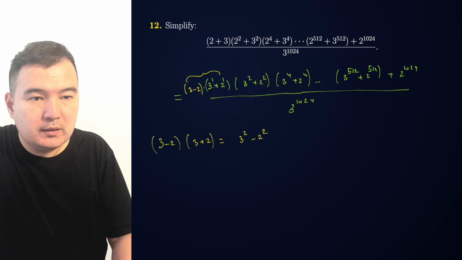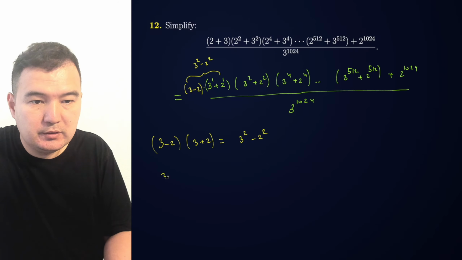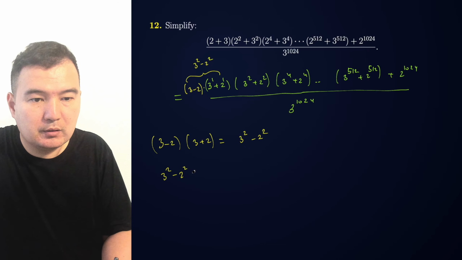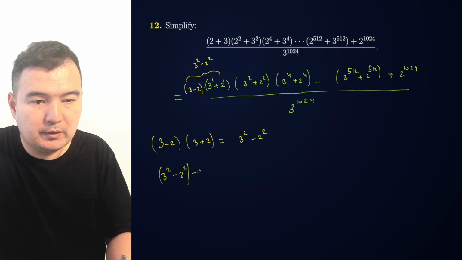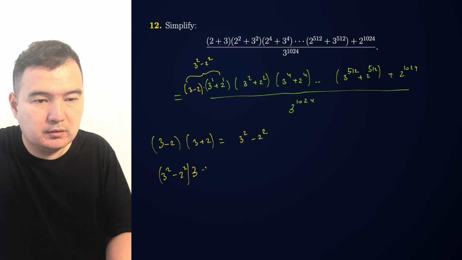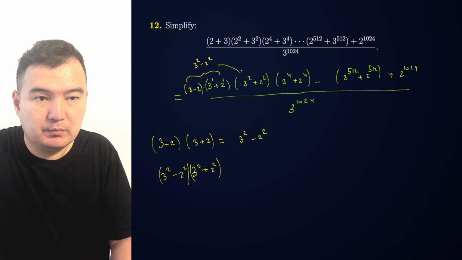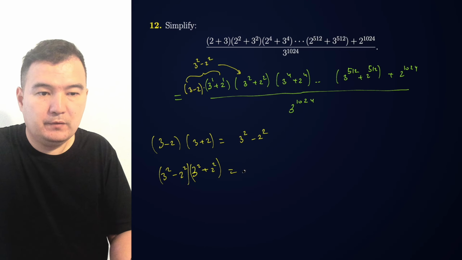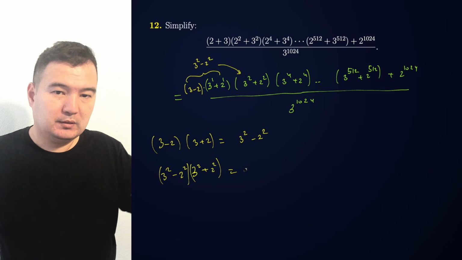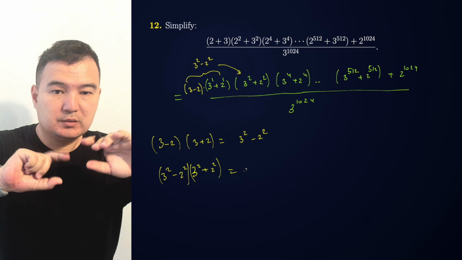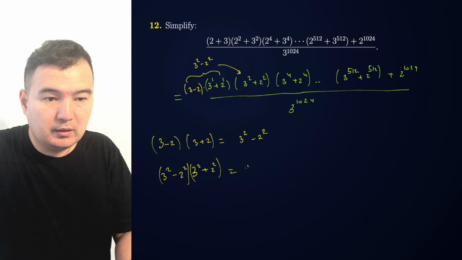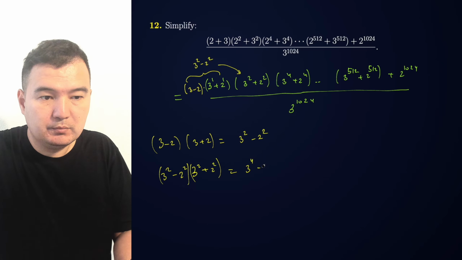This one turns out to be 3 square minus 2 square, multiplied by 3 square plus 2 square. If I don't do the numbers, just use the a square minus b square formula, it turns out to be 3 to the power 4 minus 2 to the power 4.